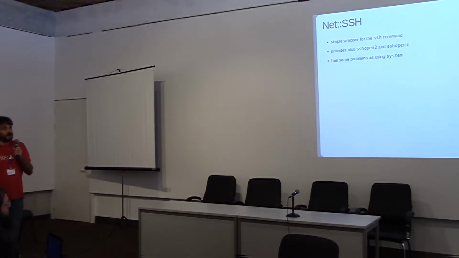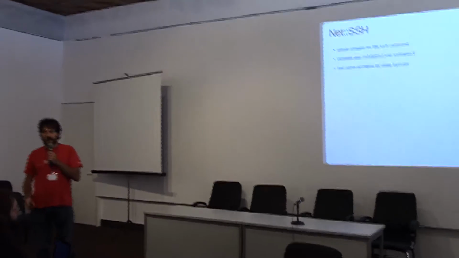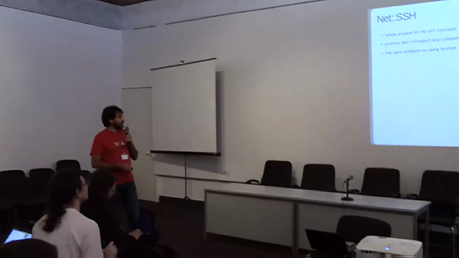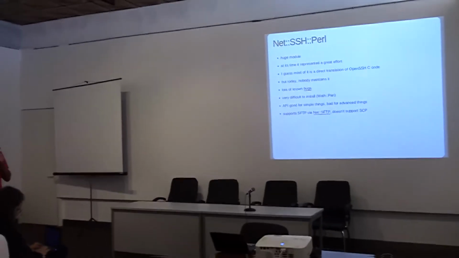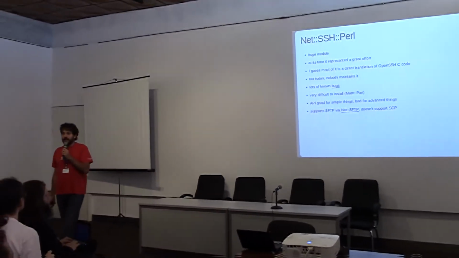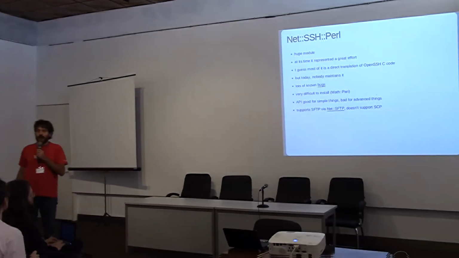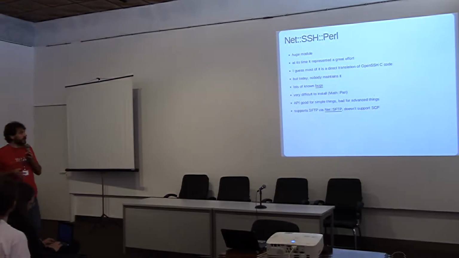Net::SSH is a very thin wrapper around SSH, and the truth is that it doesn't offer much functionality. Then you have Net::SSH::Perl, a huge module. When it was written it was rated as a very good thing, but the problem is it's so huge that nobody is maintaining it.